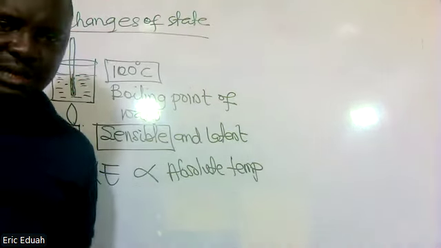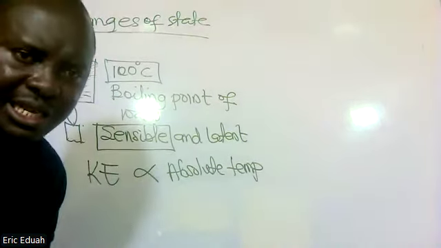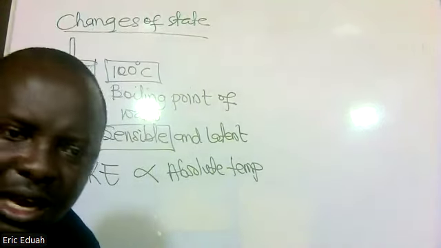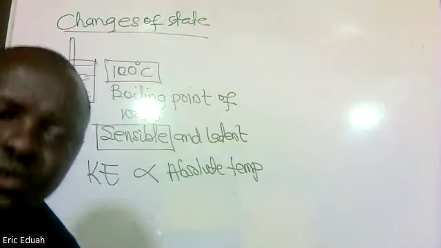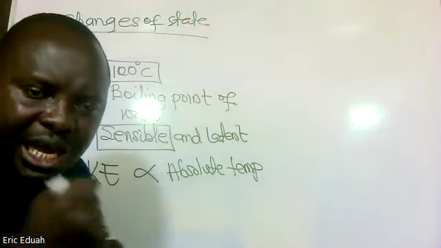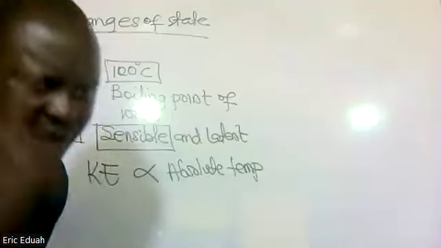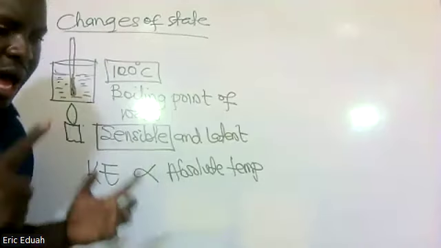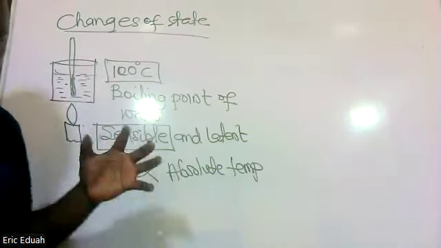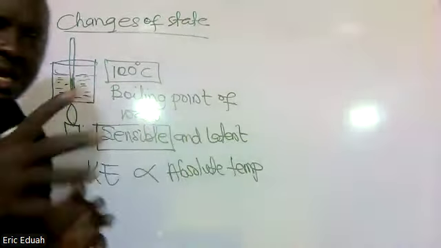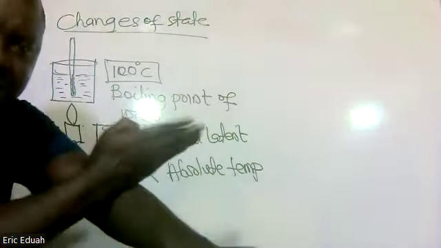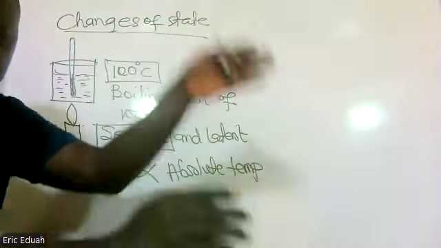What it means is that the extra heat energy being absorbed does not affect the kinetic energy of the molecules. Rather, it goes to work on the potential energy of the molecules. How does it affect the potential energy? The extra heat energy absorbed at this temperature breaks the bonds between the molecules.